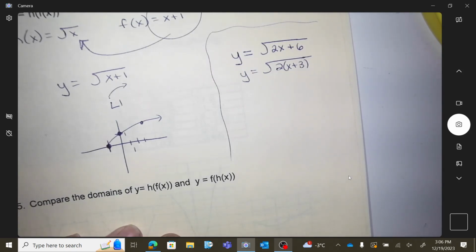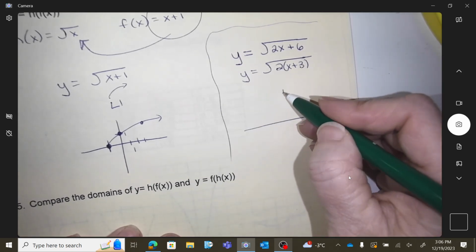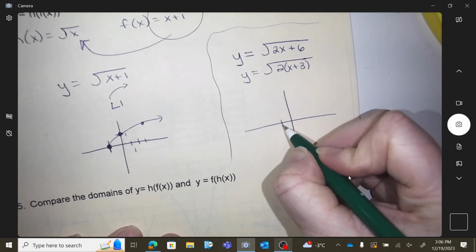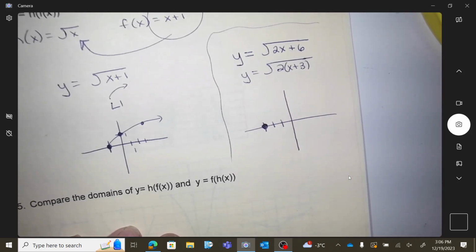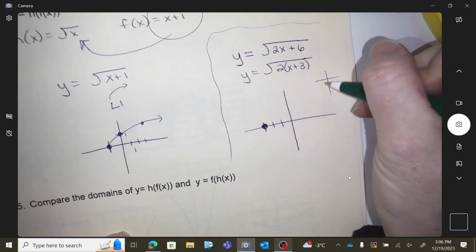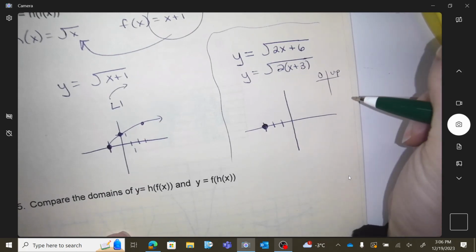Then, where do you put the starter on this radical? 3 to the left. Okay, so many people write left 6, but it's not left 6.